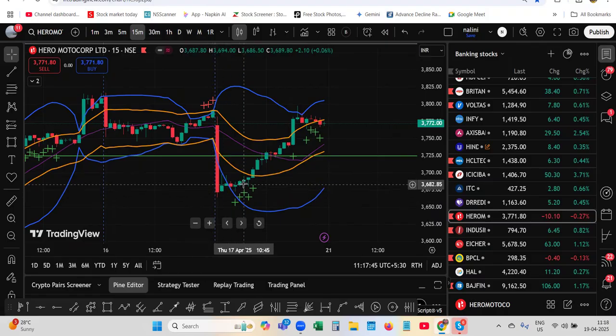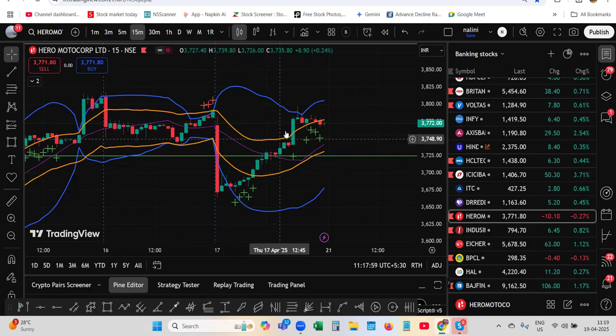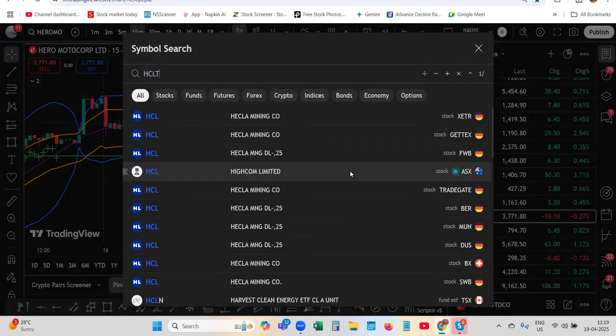Price started moving inside. You are seeing it is marking the divergence over here. Price touched the Bollinger Band and also Keltner channel. When it started moving inside, there was a huge movement up to the top. Same presentation was seen in HCL Technology.